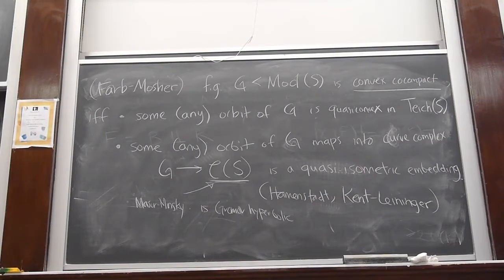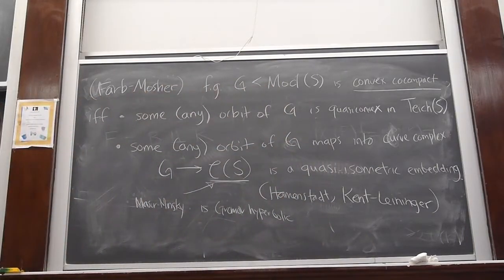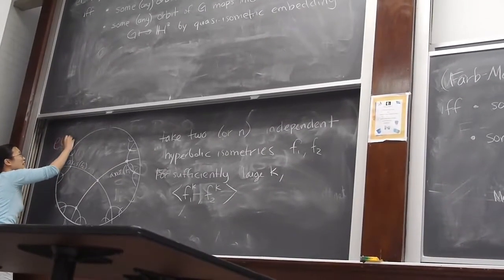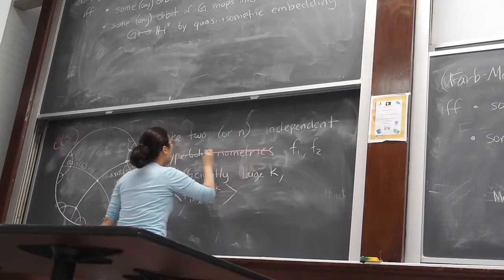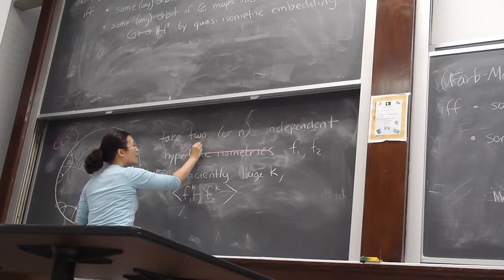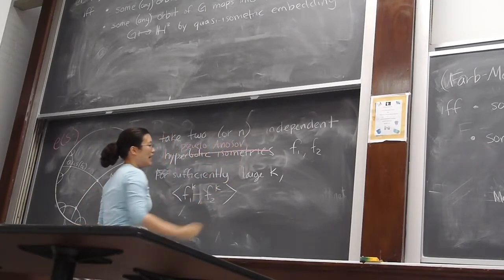So what do you do? Instead of being in hyperbolic space, now my general blob is the curve complex, and I'm just representing it, but just imagine. And I start out with two pseudo-Anosovs, and I want them to be independent.